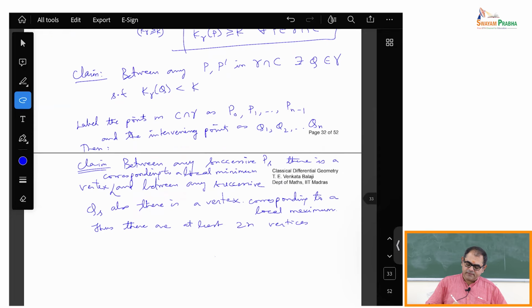Okay. But n is greater than or equal to 2, since the cardinality of the intersection of C and gamma is at least 2, as we have seen. So this implies that there are at least 4 vertices.